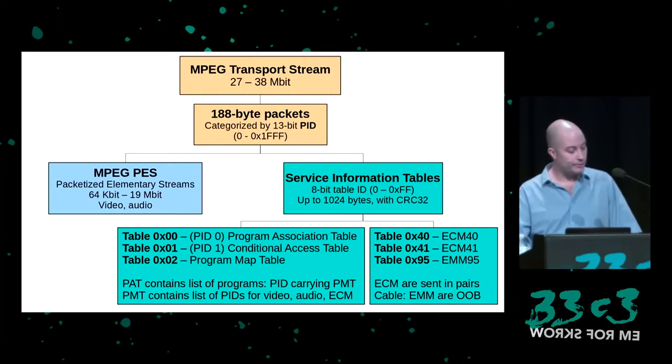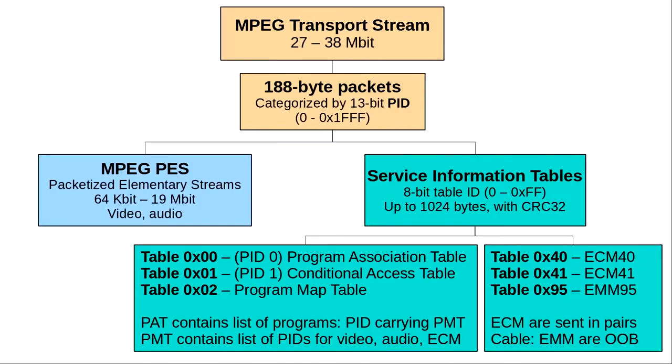Table 0 is the program association table, containing a list of programs carried in this transport stream, and the PMT PID for each program. The program association table is always on PID 0. Table 2 is the program map table, which contains the list of packetized elementary streams and the PID for each, as well as an ECM PID.